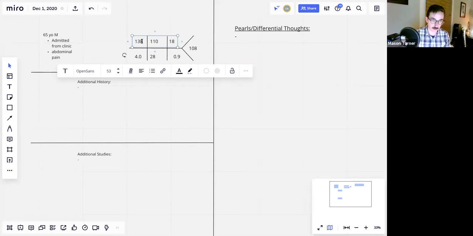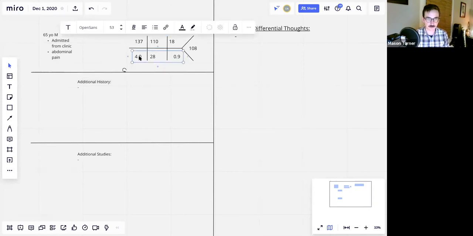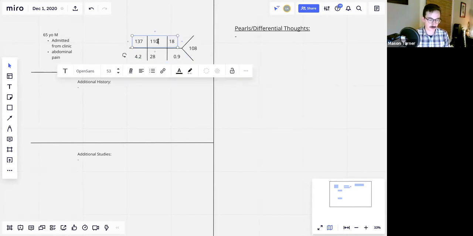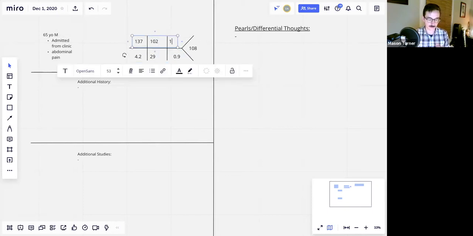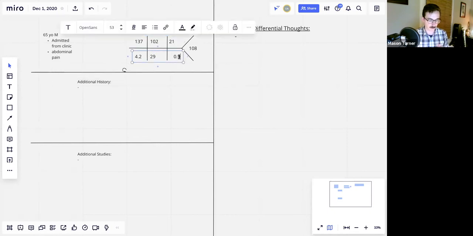So sodium 137, potassium's 4.2, chloride's 102, bicarb 29, BUN's 21, creatinine's 2.4, glucose is 108, is fine.